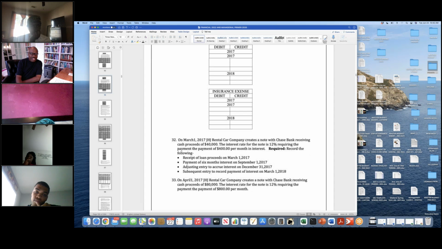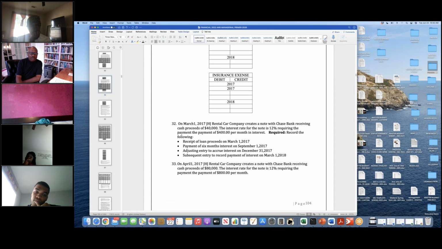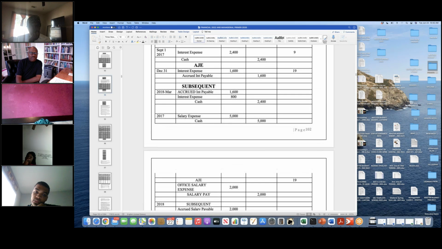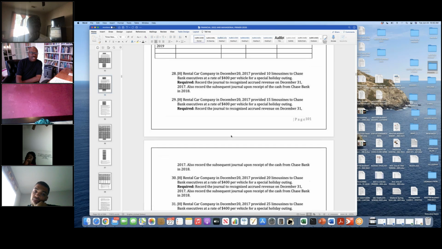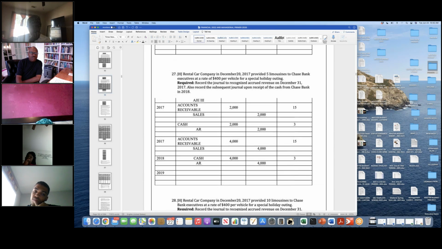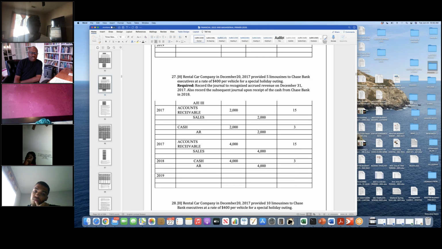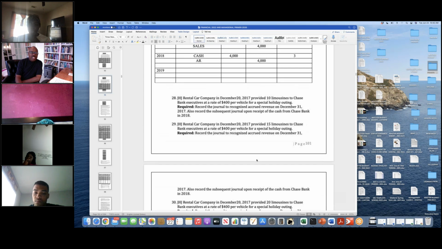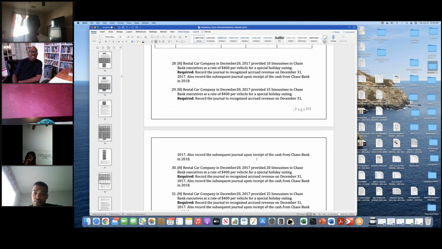I think mine may be different, because my number 27 isn't what your number 27 is. My 27 is 10 limousines to Chase Bank. That's 28, but give me 28. Same thing, the numbers are different. 27 is 10 limousines instead of 5 limousines.